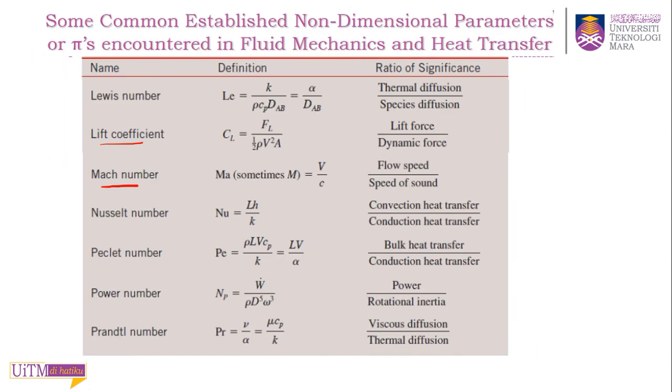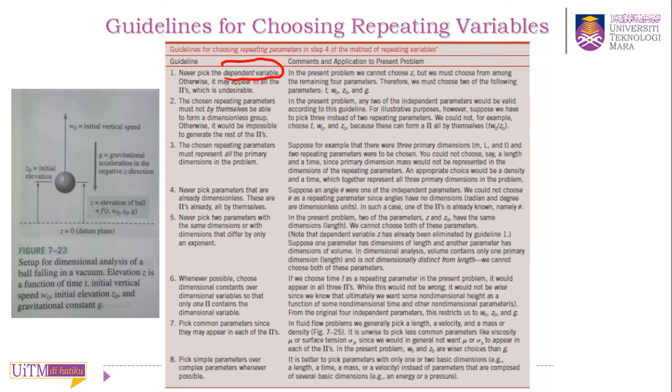So the next guideline says the chosen repeating parameters must not by themselves be able to form a dimensionless group.